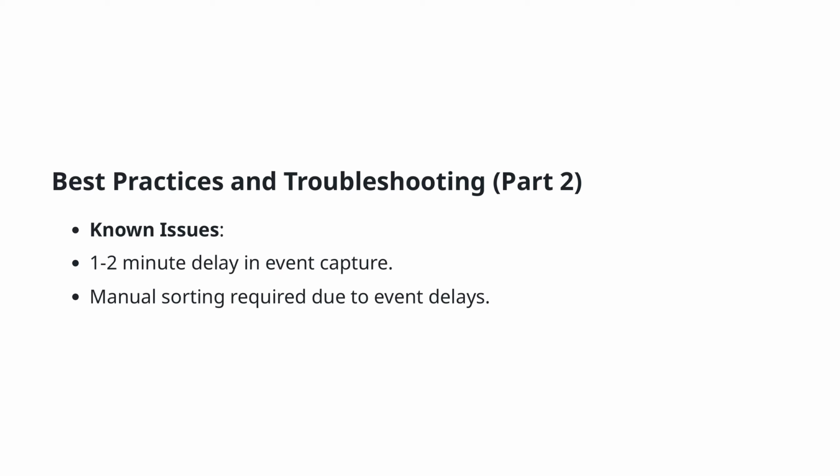Another issue you might face is the need for manual sorting due to event delays. Since events might arrive out of order, ensure you have a system or process in place for manually sorting them when necessary. By recognizing these challenges and preparing accordingly, you can maintain the effectiveness of your log analysis and monitoring efforts.